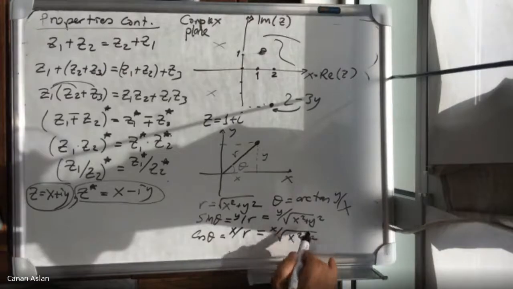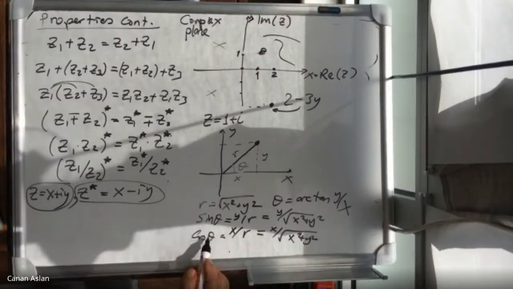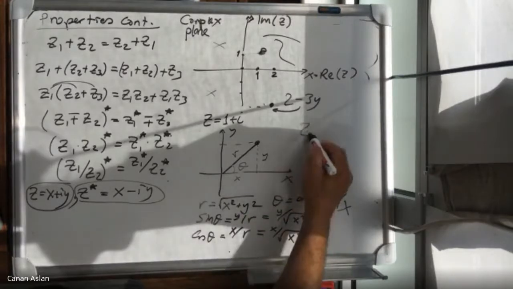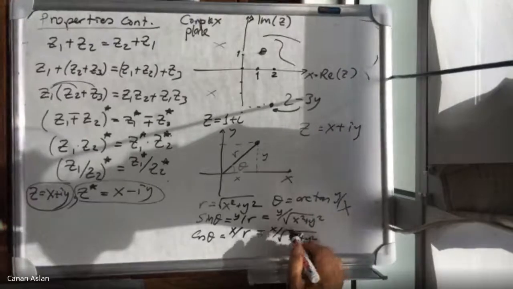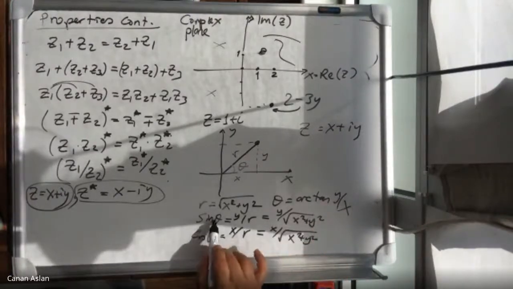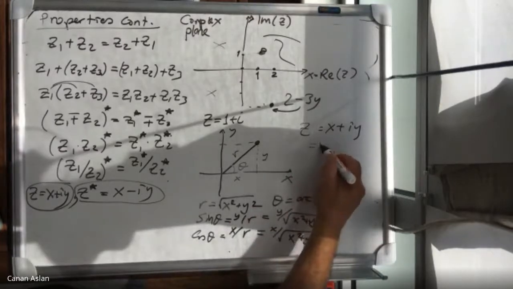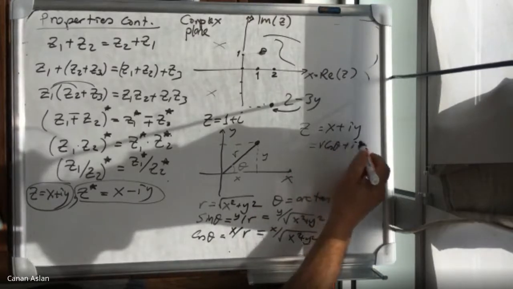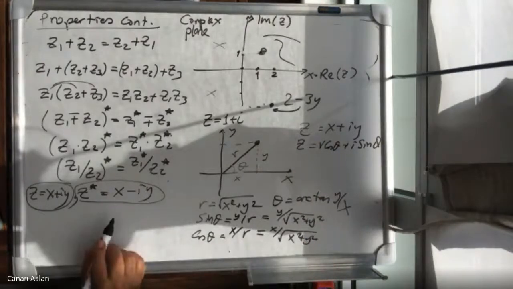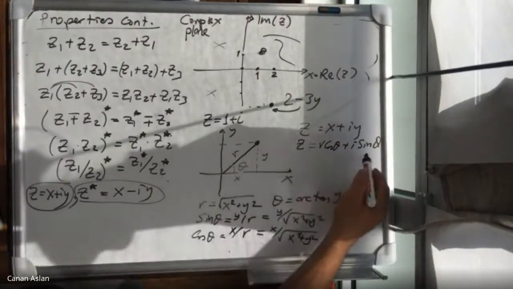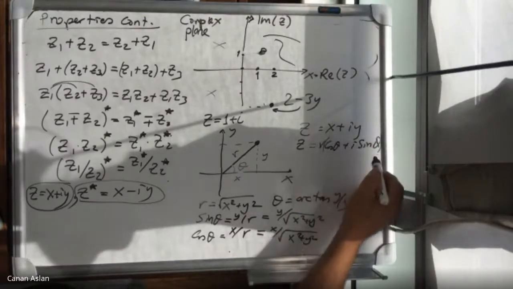Okay? So by using this, we can show that z, which is x plus iy, since y is r sine theta and x is r cosine theta, can be written as r times cosine theta plus i sine theta. So this is z, right? Again, you're factoring out r from here.